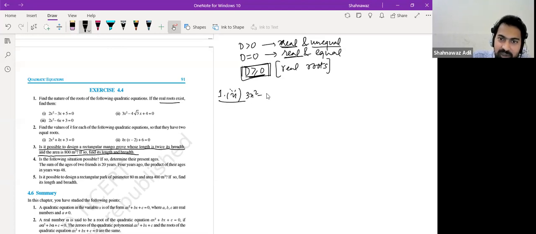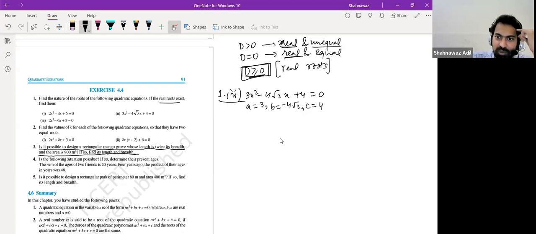3x square is 0, right? So a is how much? Sorry to ask these questions. a is how much? 3. What is happening, Rizwan? b is minus 4 root 3, right?